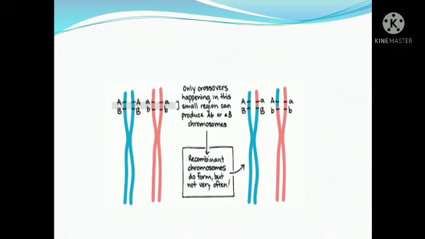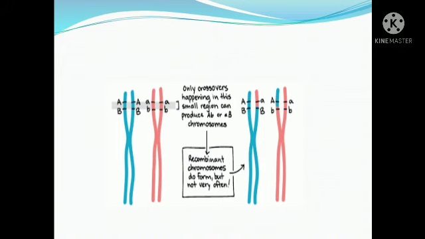Look at this picture. Here the crossover is happening between A and B. See? So this is going separately in the next generation. Recombinant chromosomes do form, but not very often.